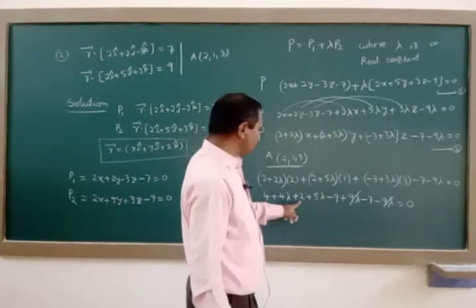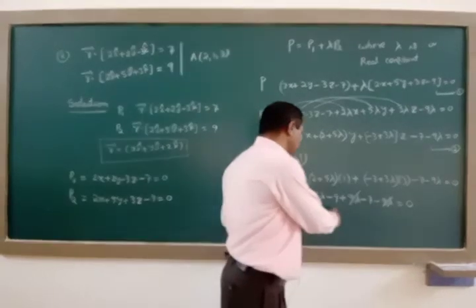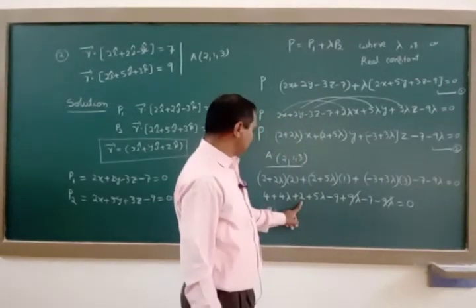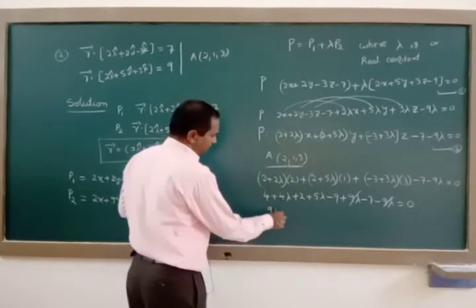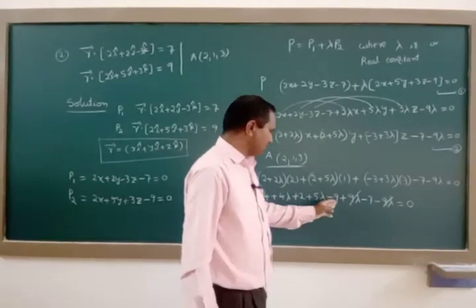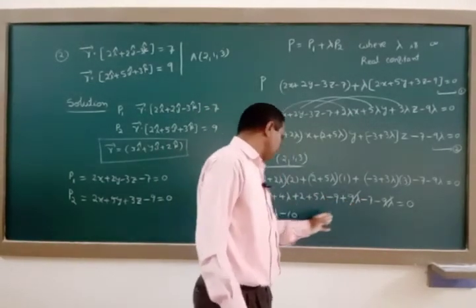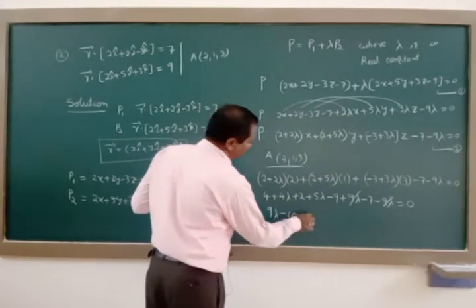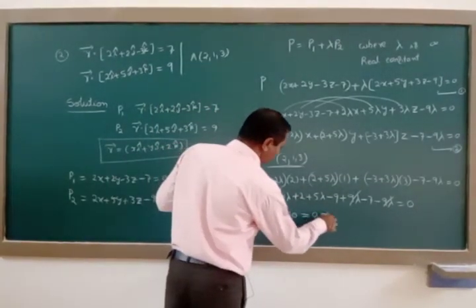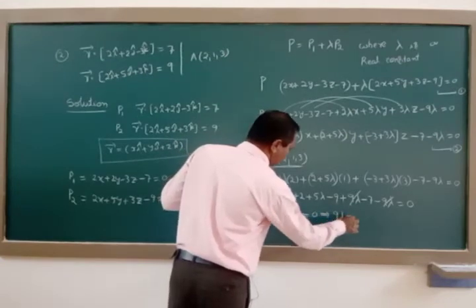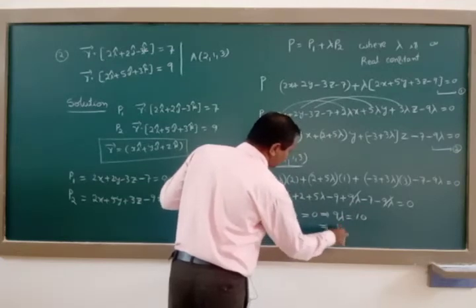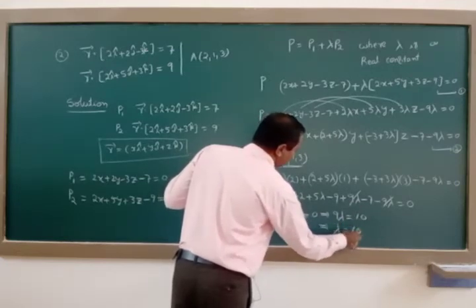Next, 4 plus 2 is 6, 6 minus 9 is minus 3, minus 3 minus 7 is minus 10. Send this to the other side: 9 lambda is equal to plus 10. That implies lambda is equal to 10 by 9.